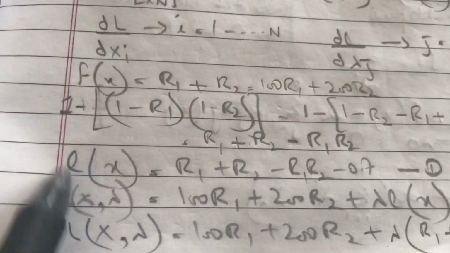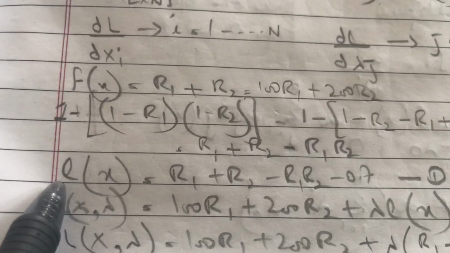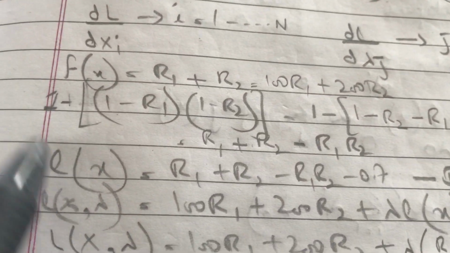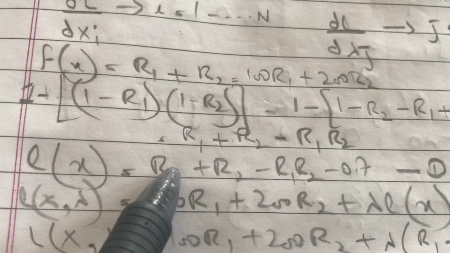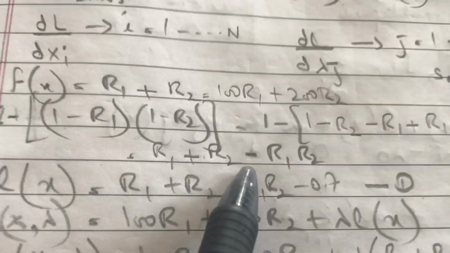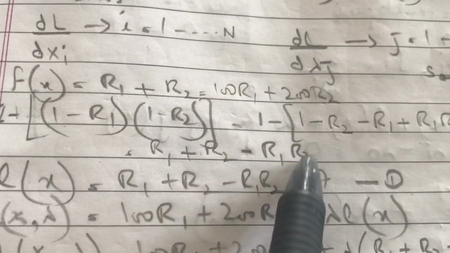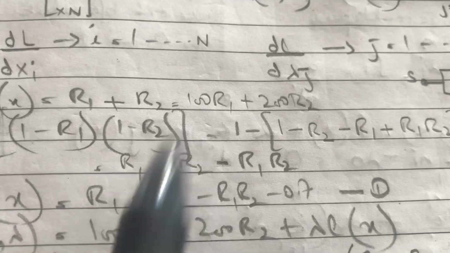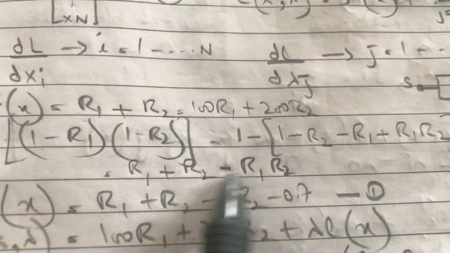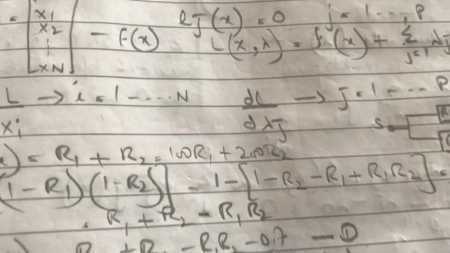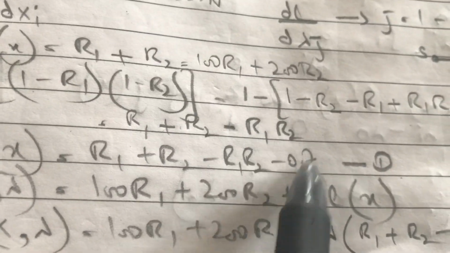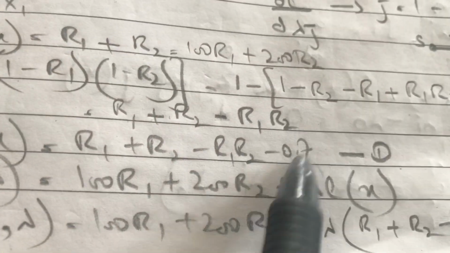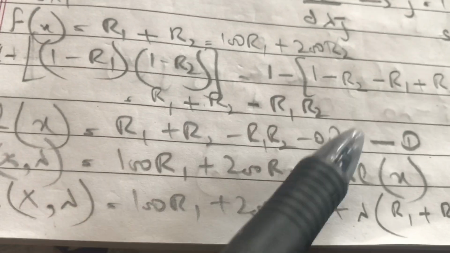Now we have L, our Lagrange function of x. Remember, L is our Lagrange function of x. What we have is r1 plus r2 minus r1 r2, and minus 0.7. We take 0.7 because, as you remember, we were given the constraint of 0.7 on r1 and r2.